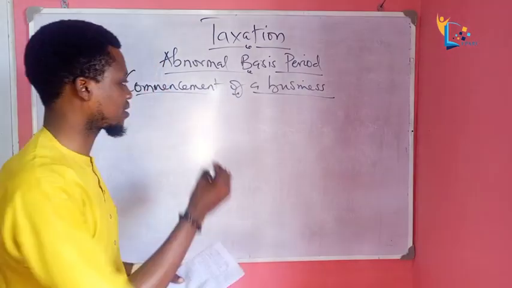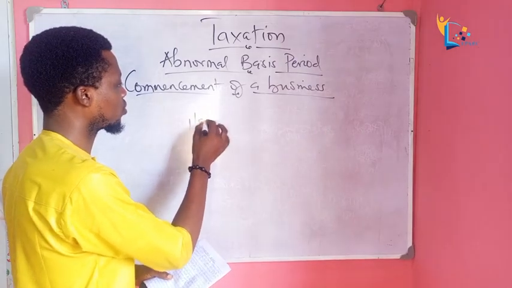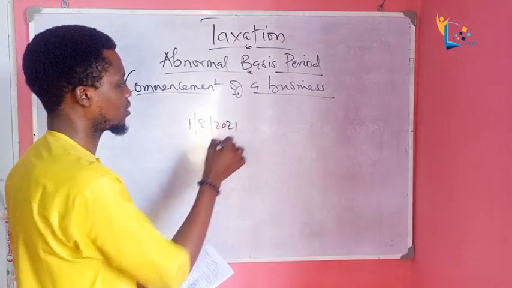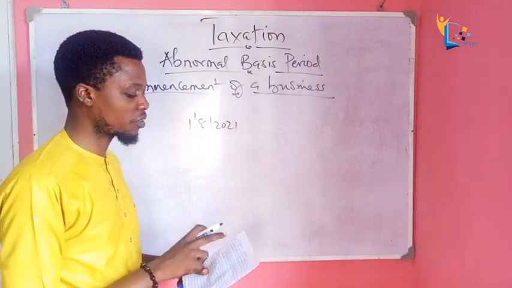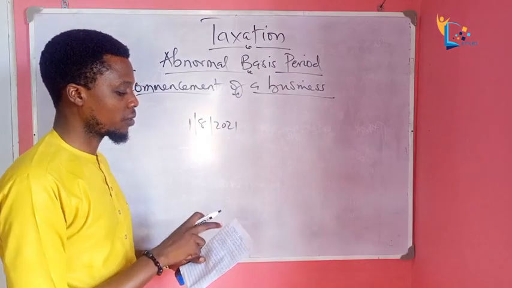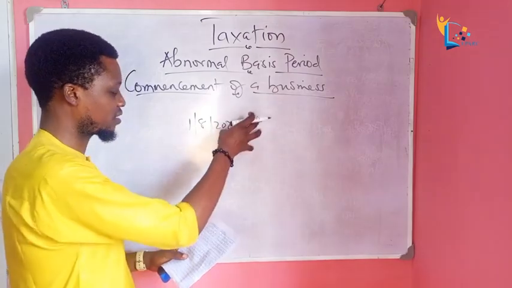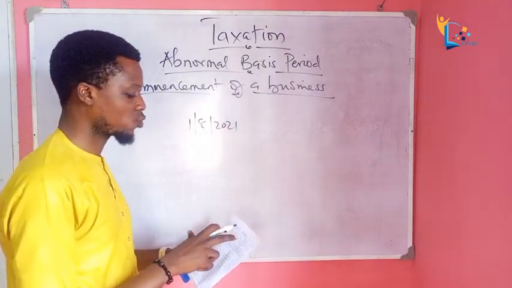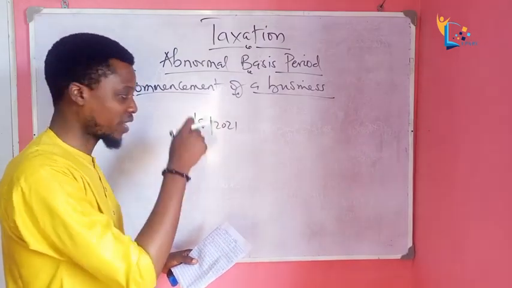Let's say a business started operation on 1st of August 2021. This first rule is saying that the profits made by the business will be assessed in the first year, from the date of commencement to 31st December of that same year.